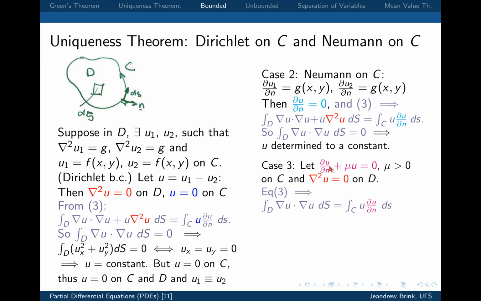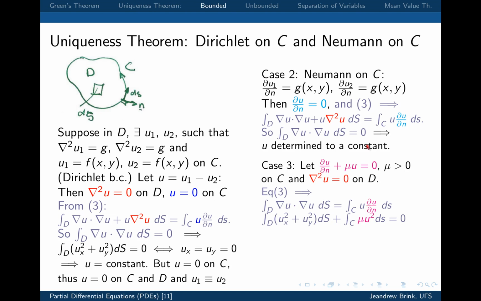However, what we can do is substitute this gradient in there. And then what we get is that the gradient is equal to minus mu u. So we move it to the left-hand side, and we simply have an integral over squares times ds, which comes from the norm squared of the gradient, plus the integral of mu times u squared.